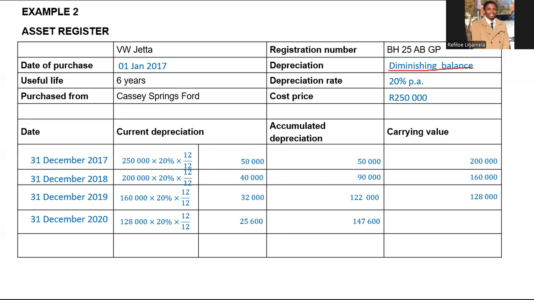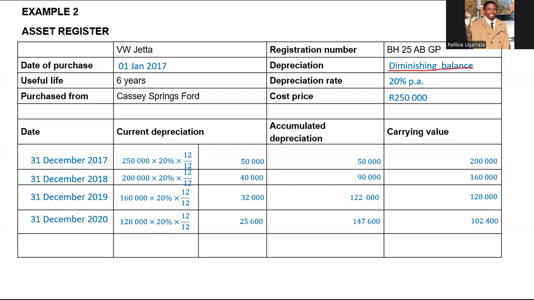That will give you 102,400. Or you could have taken 128,000, which is the carrying value from the previous year, minus current year depreciation of 25,600. It'll still give you that 102,400.